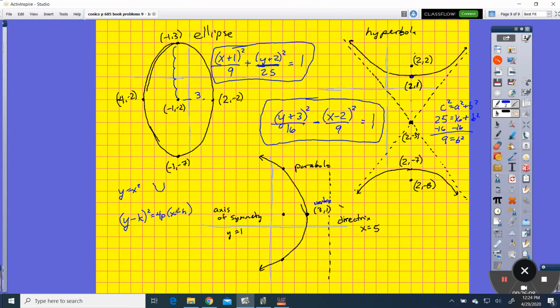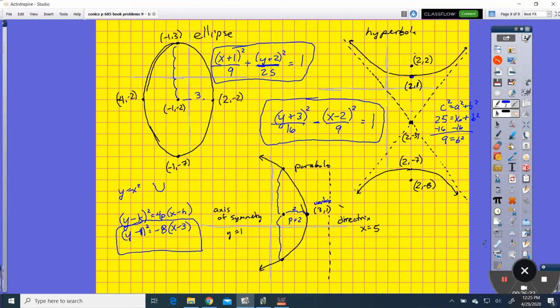So that's the x is 3, so that's x minus 3. Y is 1, so y minus 1. 4p, so this is a distance of 2. So that means p equals 2, and it's going to the left, so that's negative 8. And I can check that. That's 4, that's 4. That makes a total of 8, so that's it for that one.